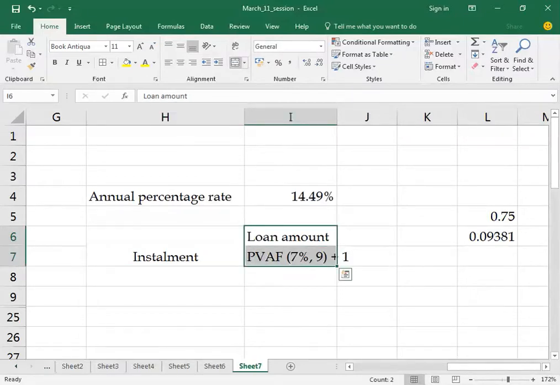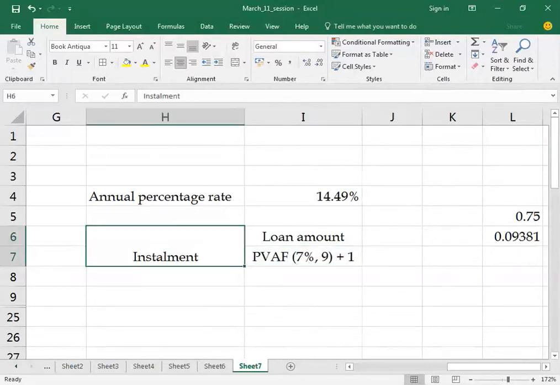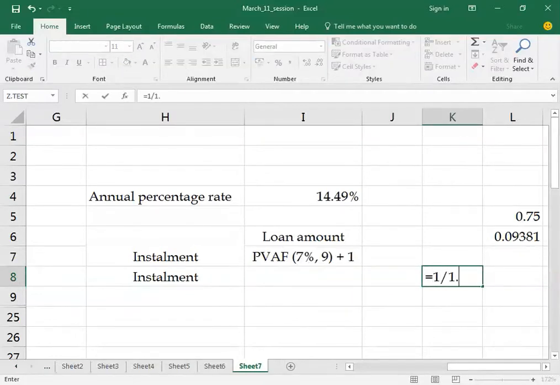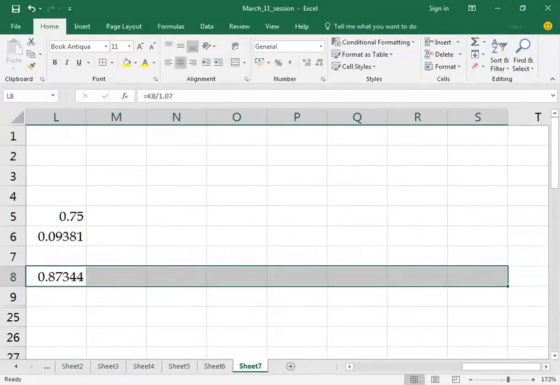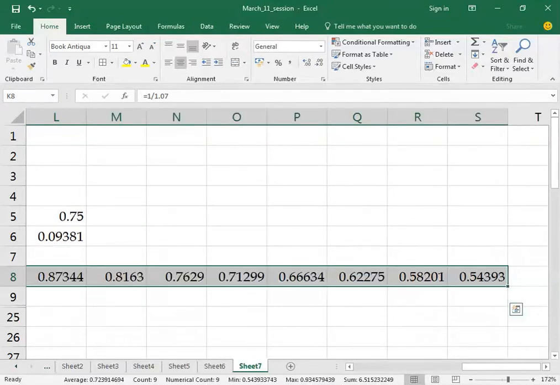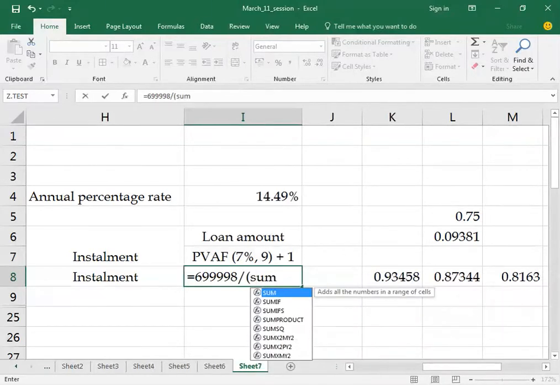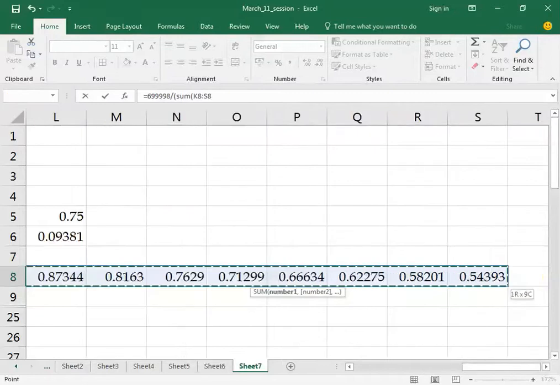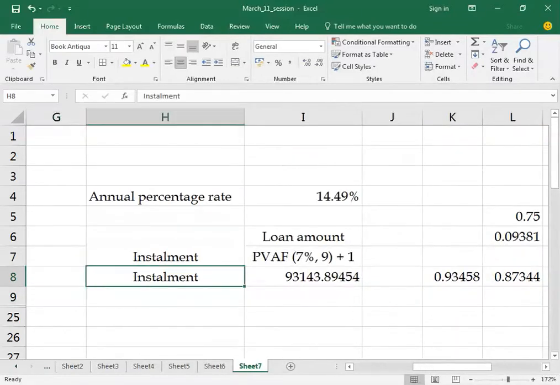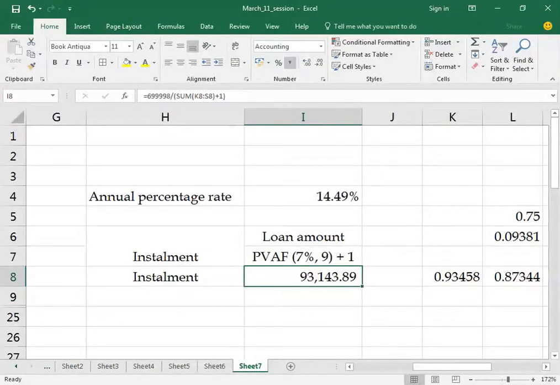Annual percentage rate is 14.49%. 7%, 9 periods plus 1.